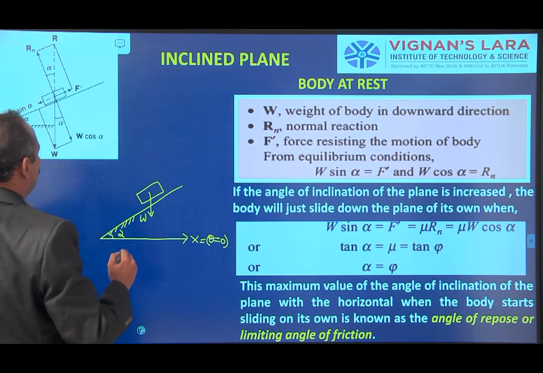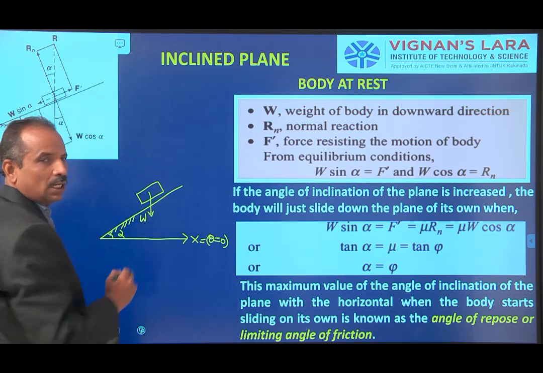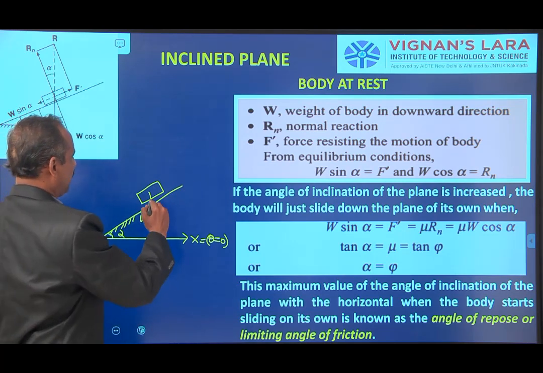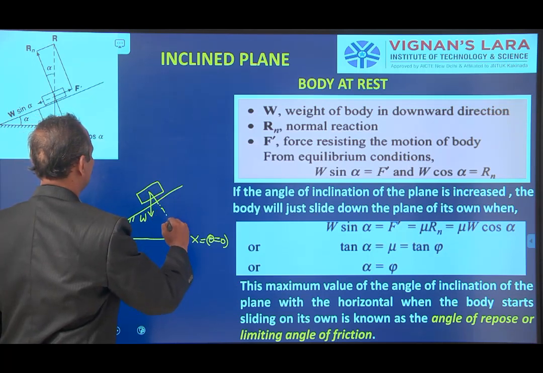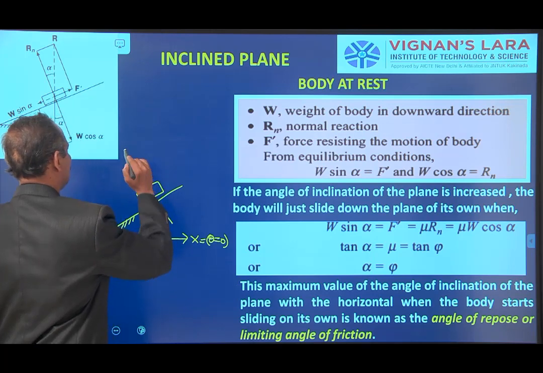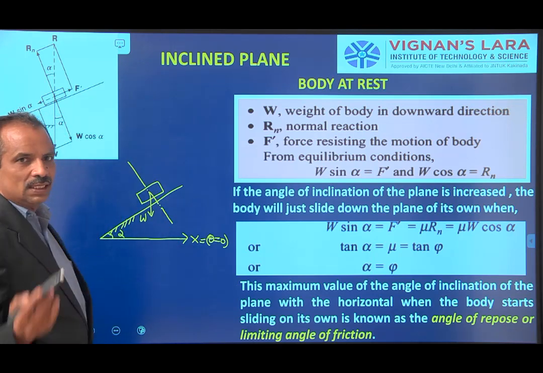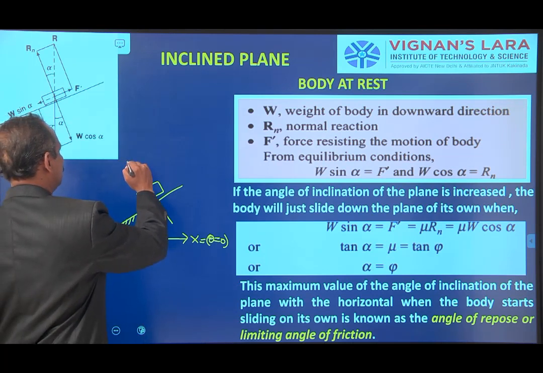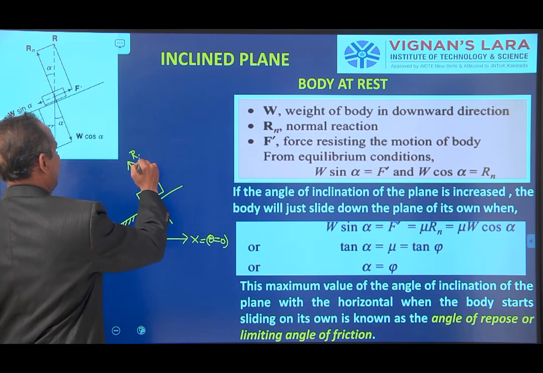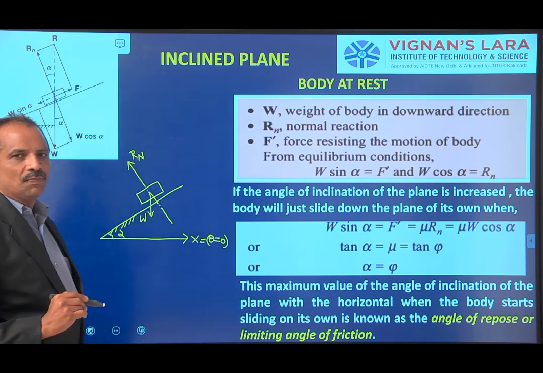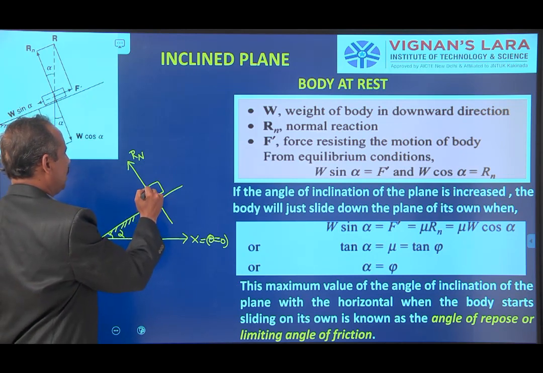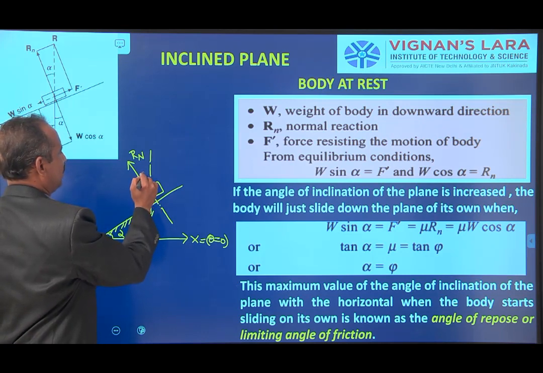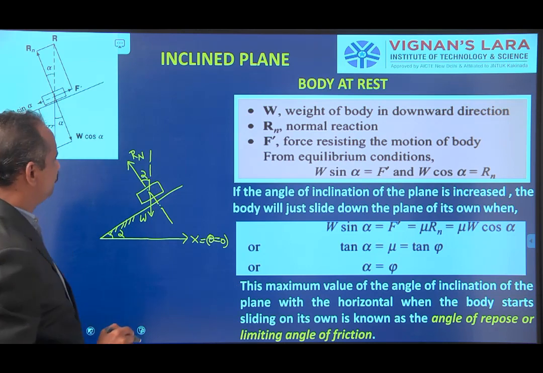I will choose one plane which is perpendicular to this ground surface, which I call a normal plane, where the normal reaction Rn acts. By the geometry, if this angle is alpha, then the angle Rn makes with the vertical is also alpha.